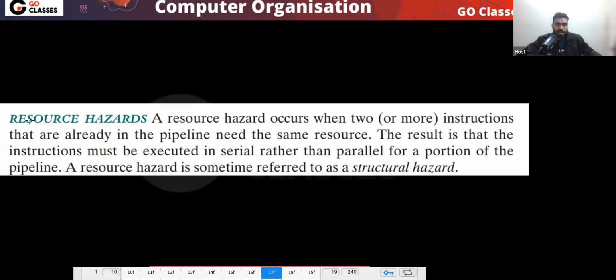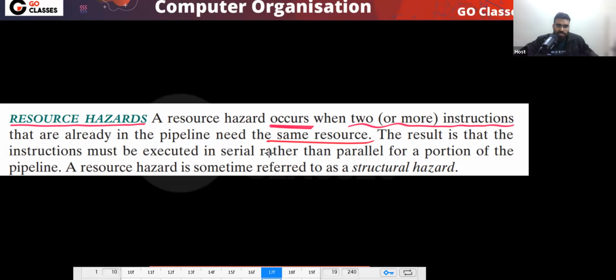Remember, it occurs when two or more instructions in the pipeline need the same resource. It is not necessary that you cannot fetch the new instruction; the point is very simple, two or more instructions need the same resource.